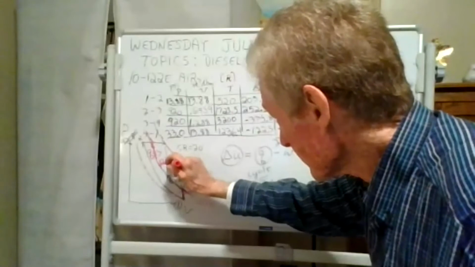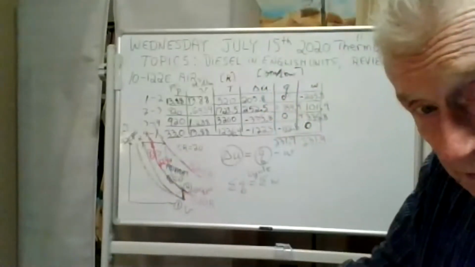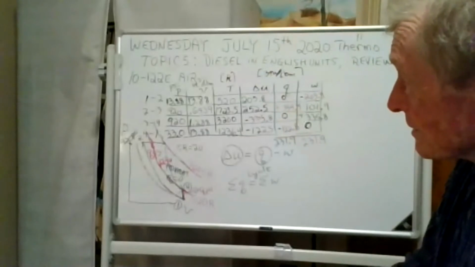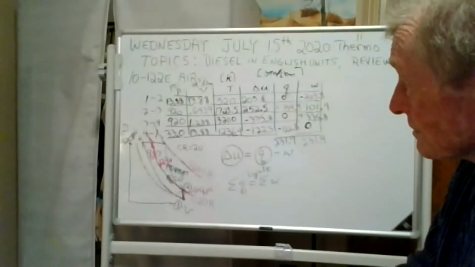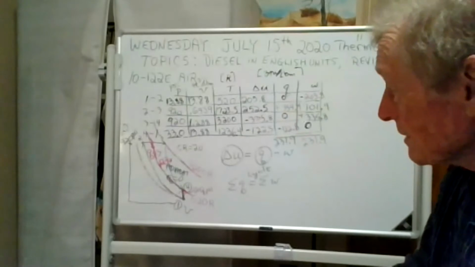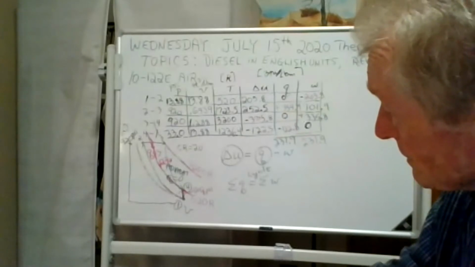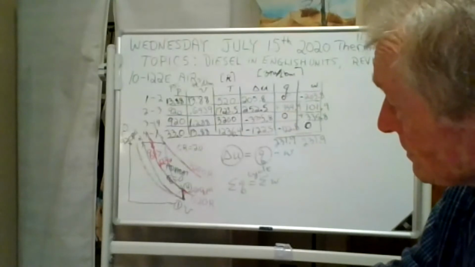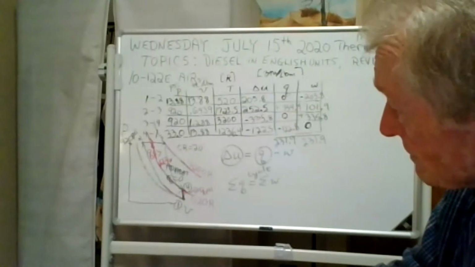Can you read my writing? 1236. A little bit messy there. And then state 2, we have the 17. Wait a minute, I did that wrong. State 2 is 17.